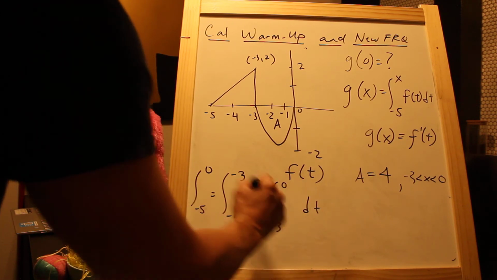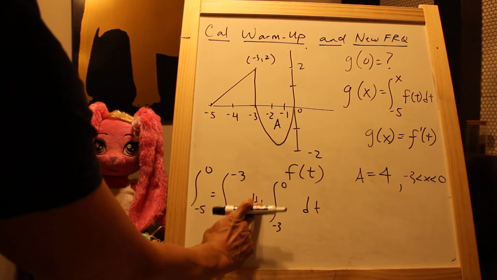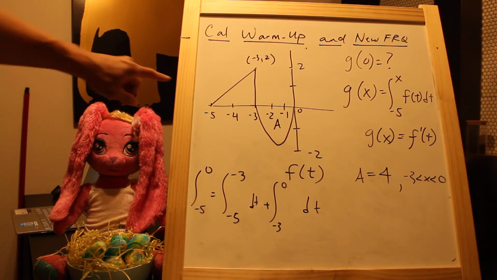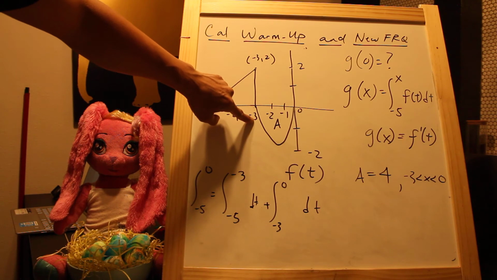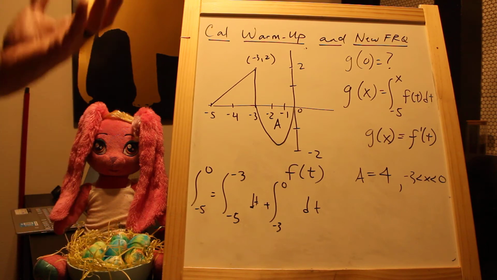So what function do I have here? Well, in this case, I have a straight line, don't I? And so this shape from -5 to -3 is really a triangle, isn't it? So I can just do base times height divided by 2.